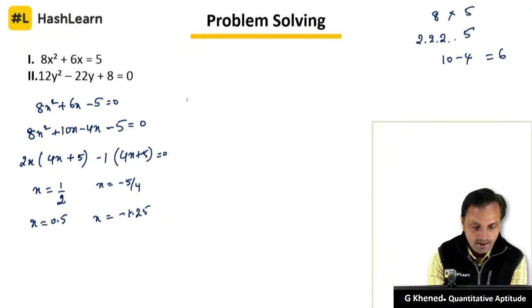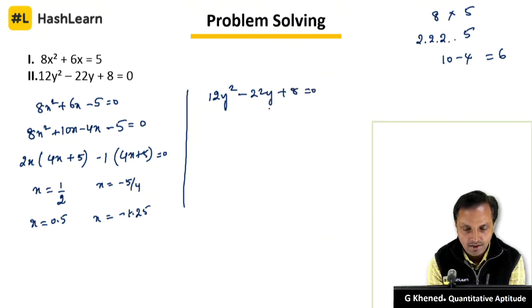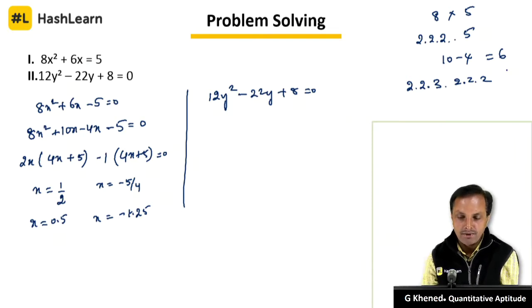Okay, can you simplify the second equation? 12y square minus 22y plus 8 is equal to 0. Factors for 12: 2 into 2 into 3, 2 into 2 is 4, 4 into 3 is 12. 8 is 2 into 2 into 2. These are the factors for 12 and 8.